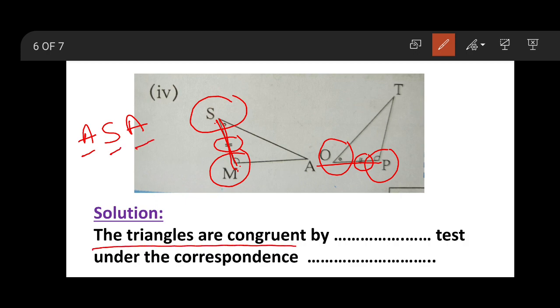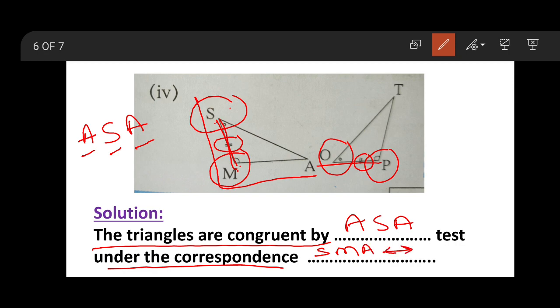The triangles are congruent by ASA test. Under the correspondence, write the correspondence of it. You will start from S. SMA corresponds with, you have started with this identical mark, so again start with this identical mark, OPT. So OPT.